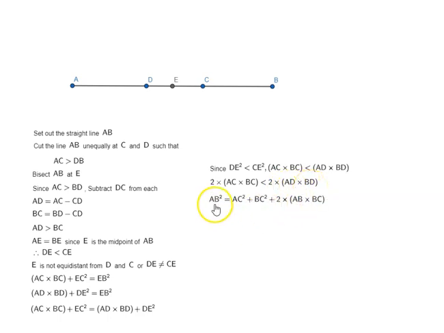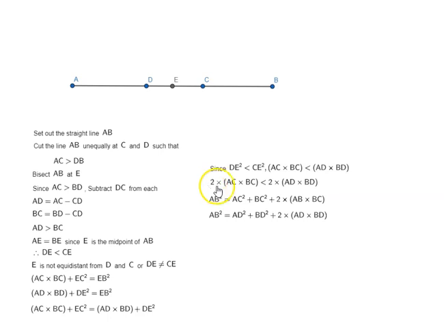Using another proposition, we know AB square is equal to AC square plus BC square plus 2 times AC by BC. Also AB square is equal to AD square plus BD square plus 2 times AD by BD. So again, they both are equal to AB square, which means they are equal to each other.